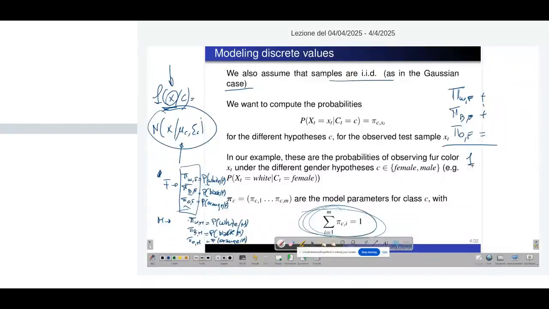There's a probability of white or black or orange. Being white, black, or orange are exhaustive and do not intersect in terms of probability space options, so these probabilities must sum up to 1. And the same for the male. So for any class C, the sum of the corresponding parameters must be 1.